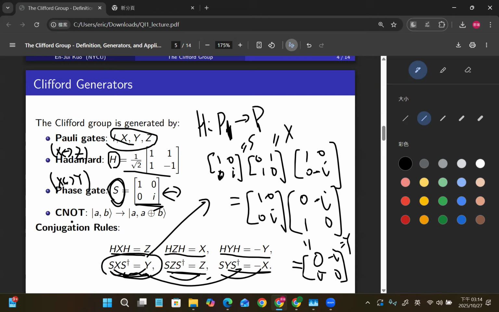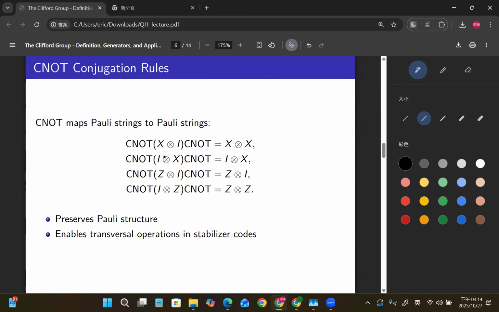Okay, so for two-qubit gates, there's a CNOT, right? Indeed, CNOT maps Pauli strings to Pauli strings. CNOT maps X tensor identity to X tensor X. So how do you understand this equation? Remember that the property of CNOT is that if the first bit is 1, the second bit will flip.